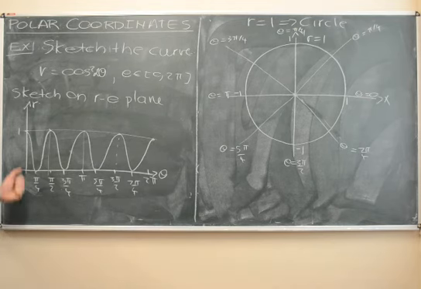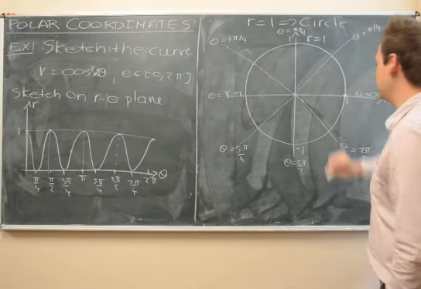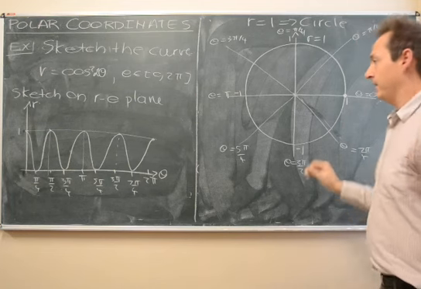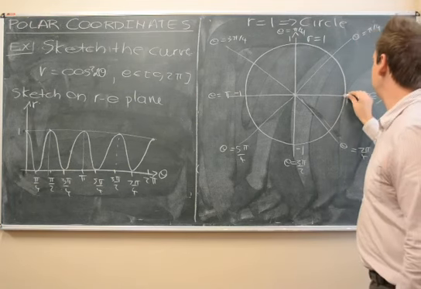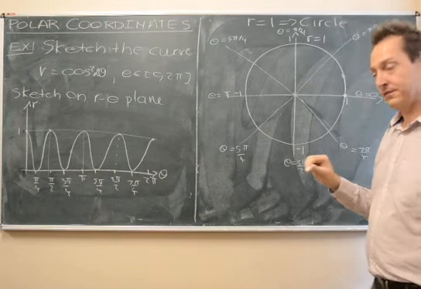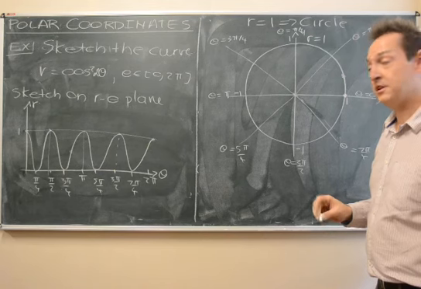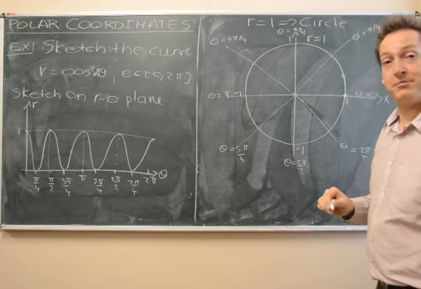So now let's see what happens. We start when theta is equal to 0, r is equal to 1. We start there. And then what happens is we increase theta as we move counterclockwise. r decreases to 0. We get to 0 when theta is pi over 4.